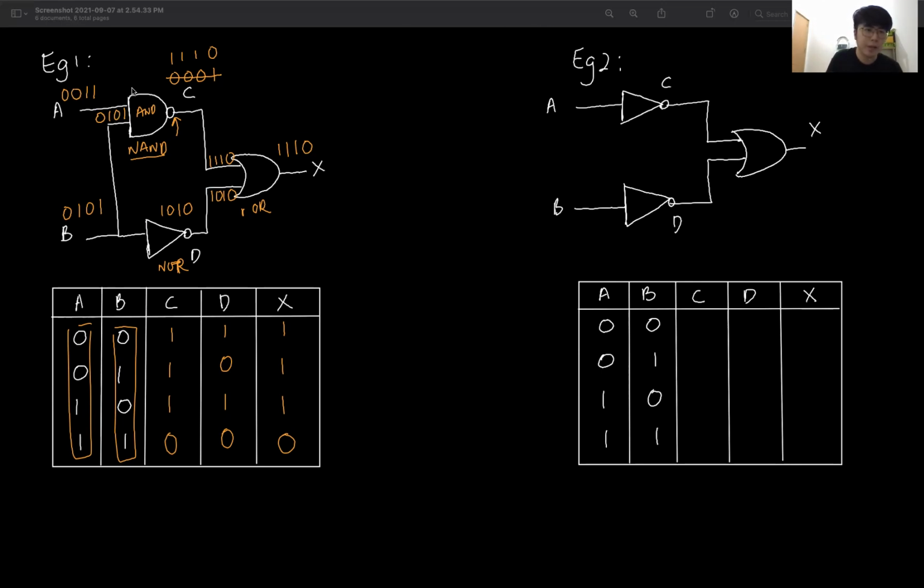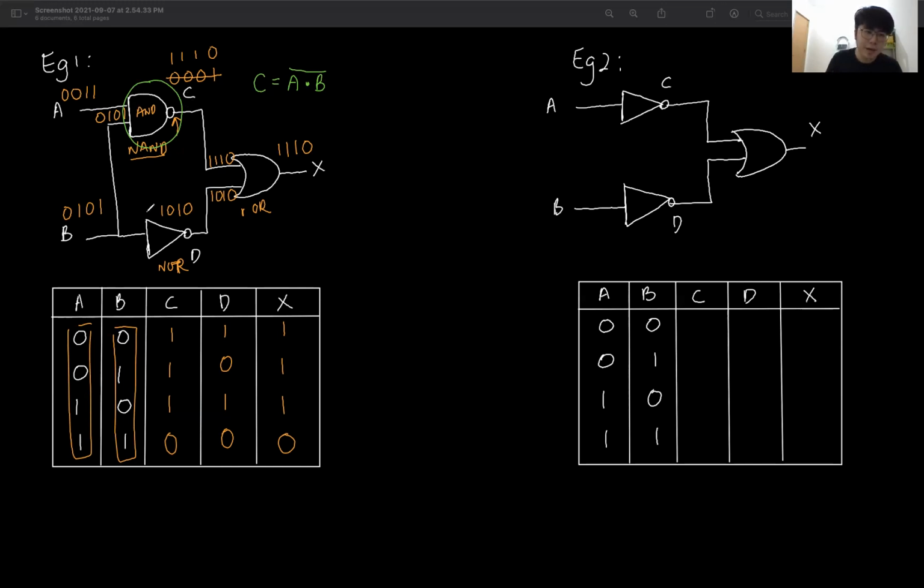C has the input of A and B. And what gate is this? This is a NAND gate, right? So for C, I can write the Boolean expression C equals A and B not. That is the NAND gate here.